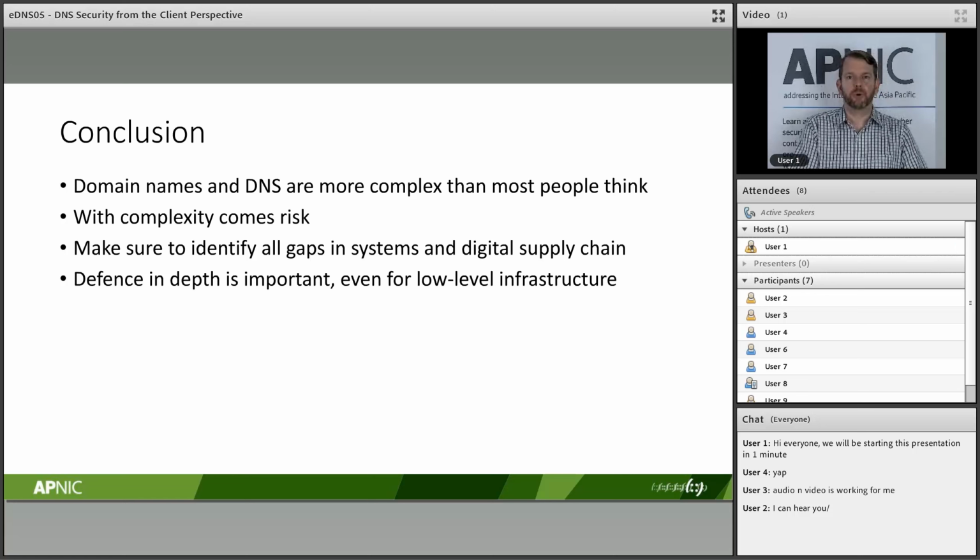And of course, defense in depth is still a very strongly promoted security strategy, and this is even for low-level infrastructure. Defense in depth is not just about your servers and your workstations, but we're looking at individual components of them, as well as some of the servers that don't have a lot of user interaction, such as your DNS resolvers.